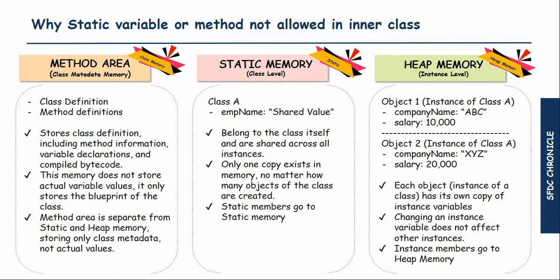So because of this as well, as the static variable has static memory that is different from heap memory, that is one reason that static variables are not able to access instance variables.